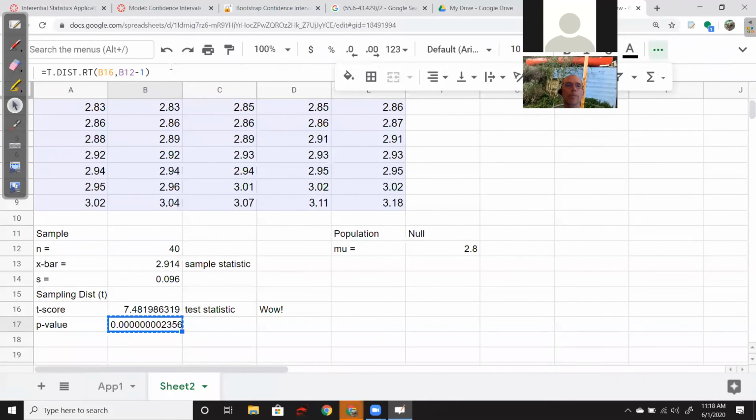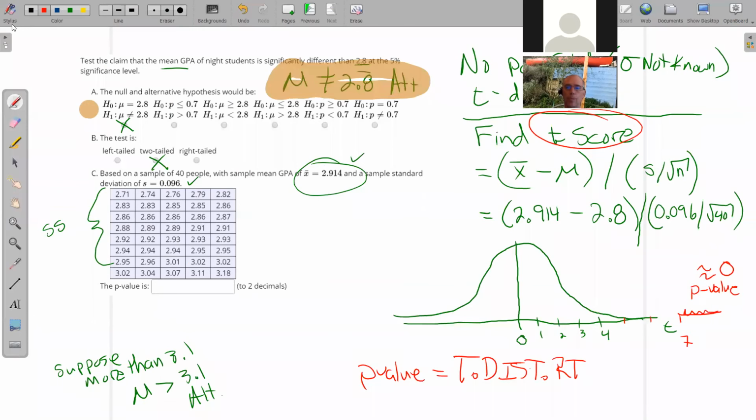Yep. And it wants to know what your t-score is, which is this calculation there, comma, what's n minus 1. And mine was, can I paste it in here? Yes, this wicked small number there.